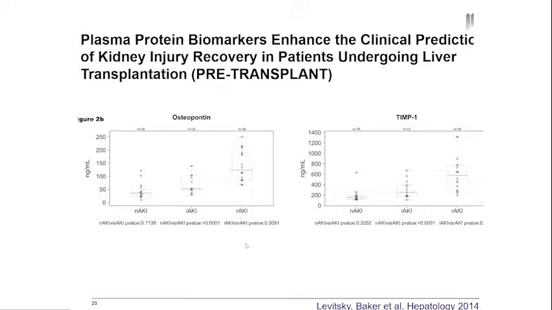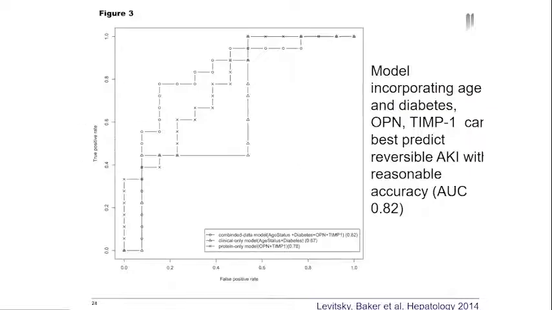This was our initial study done only at Northwestern, and we developed a model that, along with age and diabetes, so younger age, absence of diabetes, and elevation in OPN and TIMP1 can predict reversible acute kidney injury with reasonable accuracy after a liver transplant alone. And we define that by reversal of their GFR, lowering at transplant to greater than 50 to 60 at 1 to 3 months after transplant.